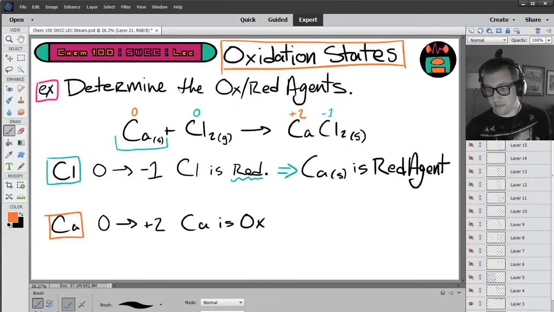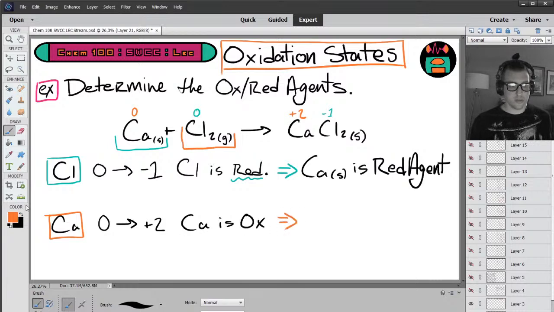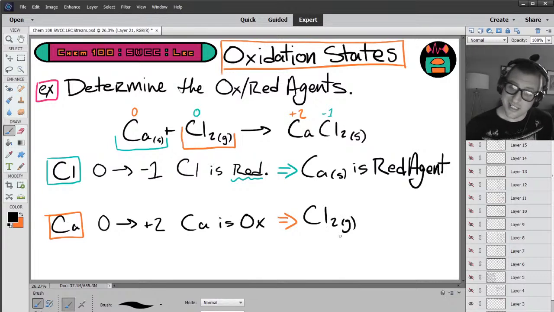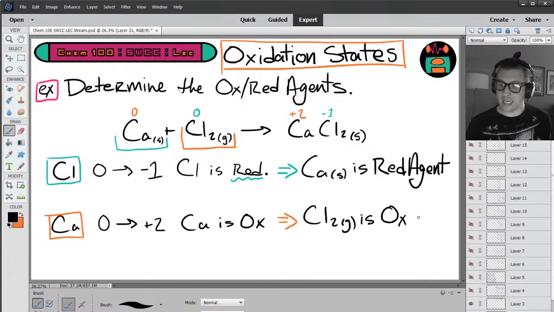When we ask the same question about calcium, what causes calcium to be oxidized? What reacts with calcium causing the oxidation? The answer is Cl2. Chlorine gas is the reactant that causes the oxidation in calcium. So we say that Cl2 is the oxidizing agent.